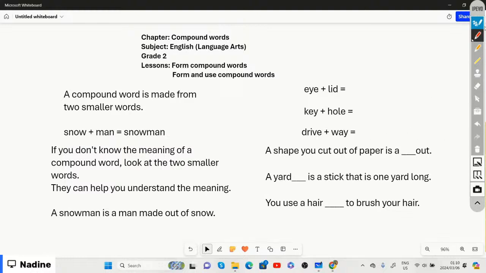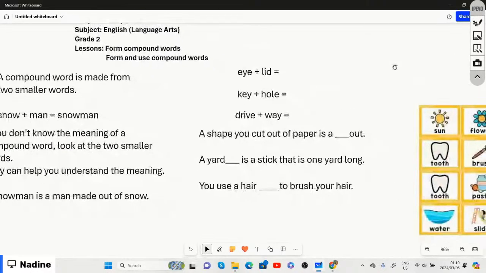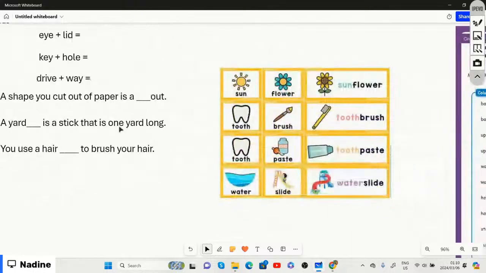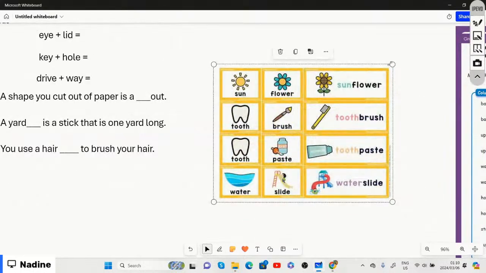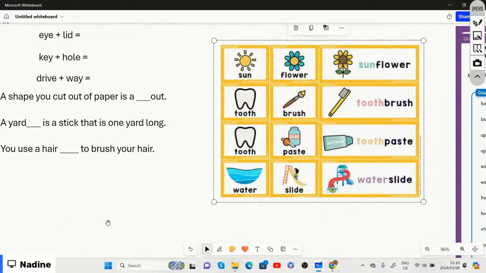All right. Before we come to the activity, here we have a few examples of compound words. It is, for example, sun plus flower. So what is sun plus flower?